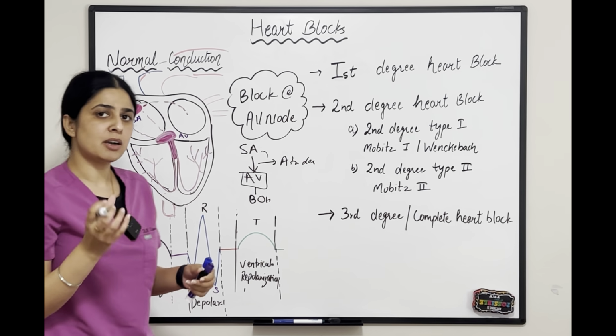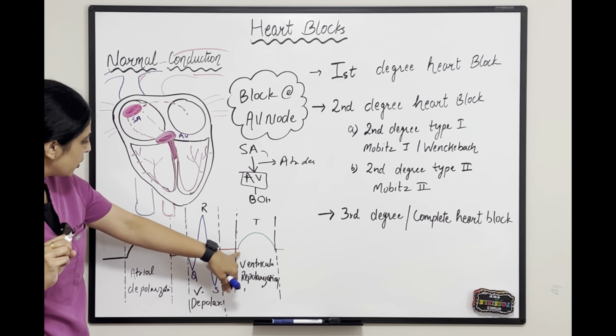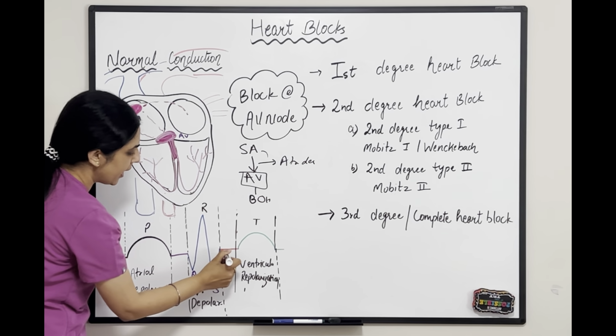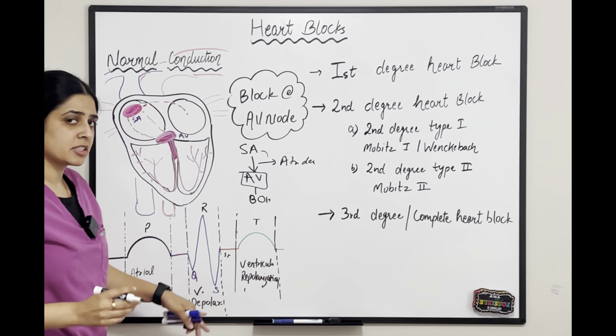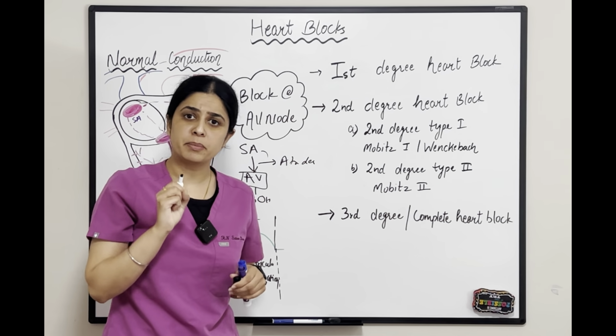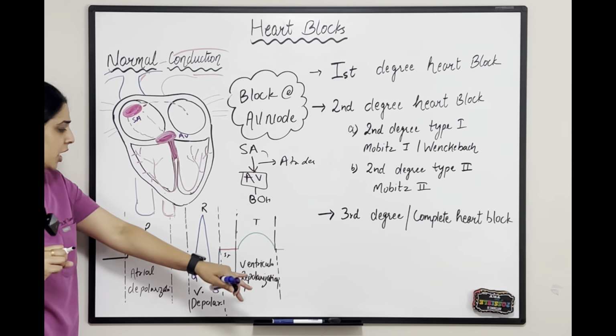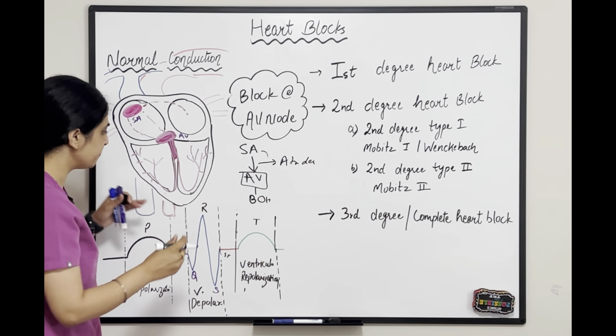When there is a complete depolarization, one isoelectric line is formed that we call the ST segment. The ST segment represents when the ventricle has completely depolarized and is starting to recharge, that means repolarization.